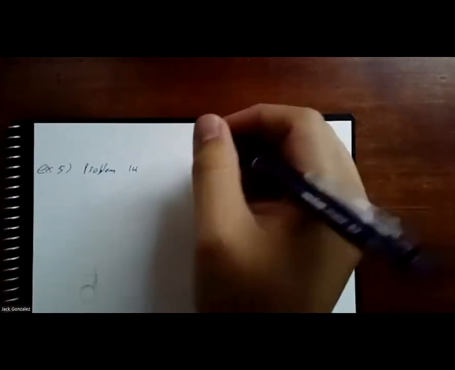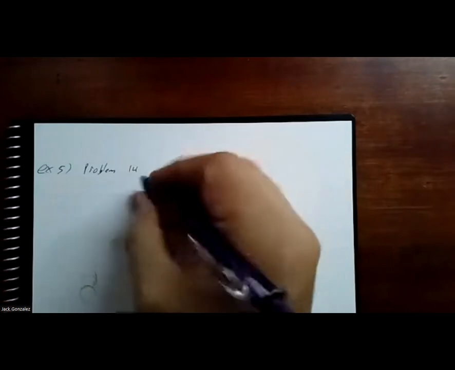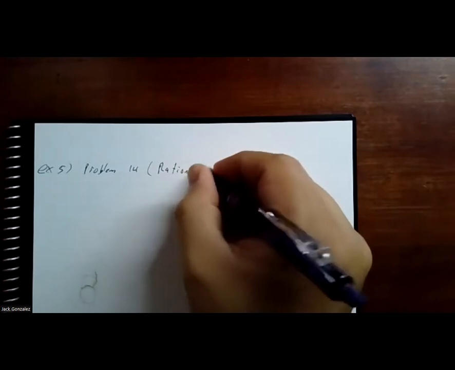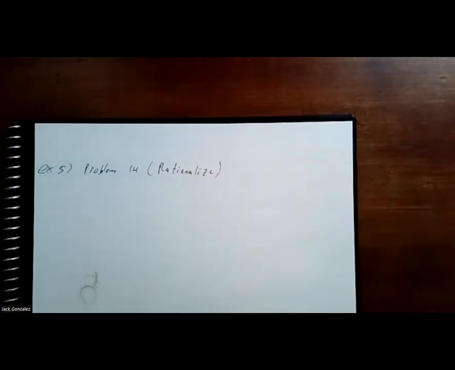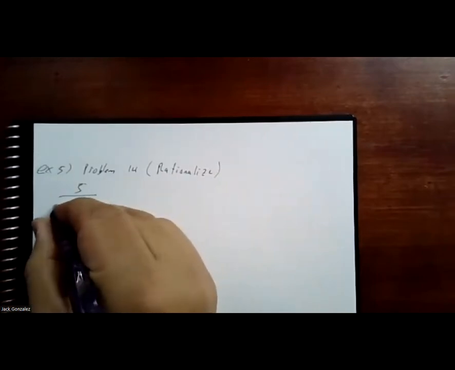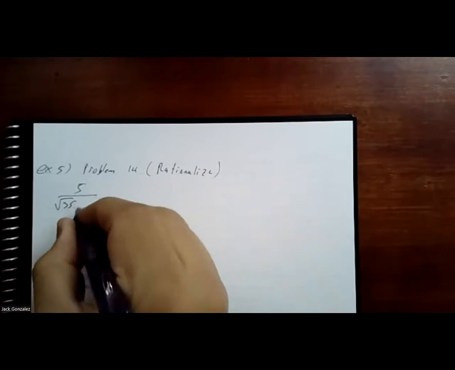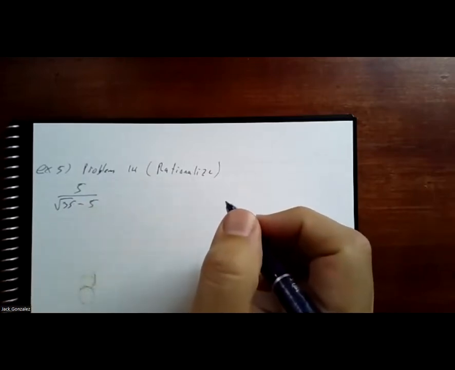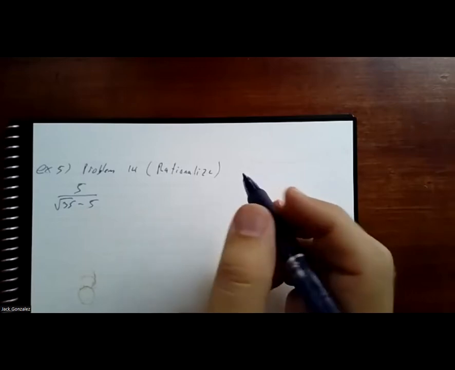Rationalize. So 5 over square root of 35 minus 5. Do you guys remember what conjugate pairs are?